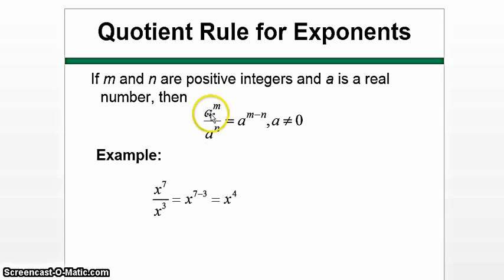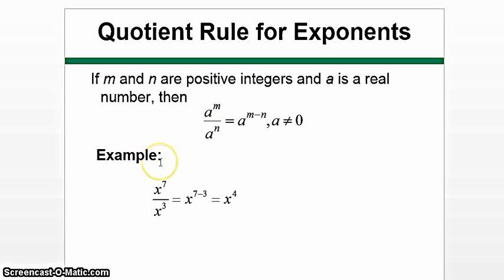Here we have two expressions with a common base, then we can write it with the common base and the exponents will be subtracted, provided that a is not equal to 0. If the base is 0, anything over 0 will be undefined.